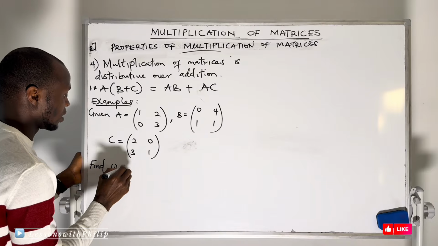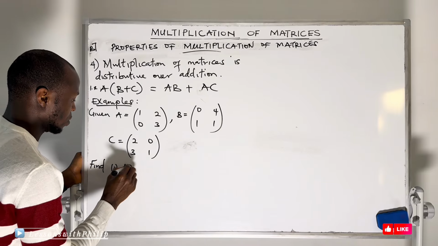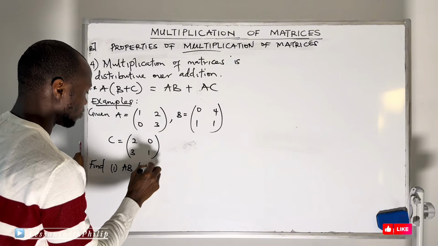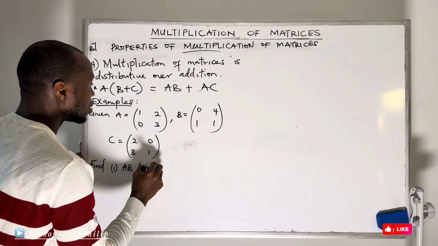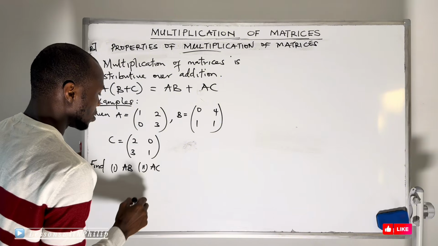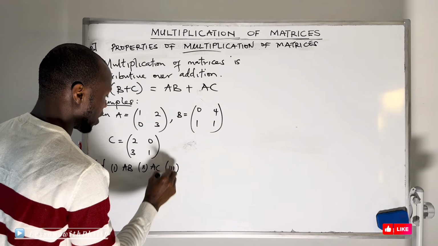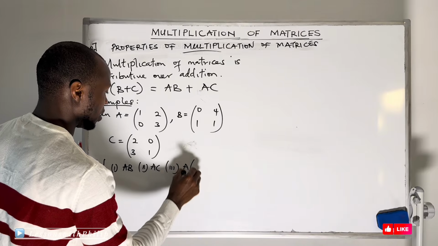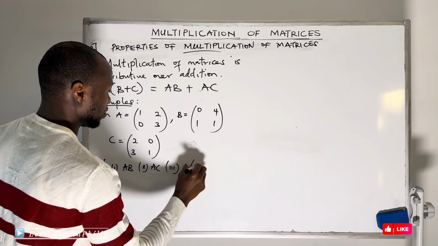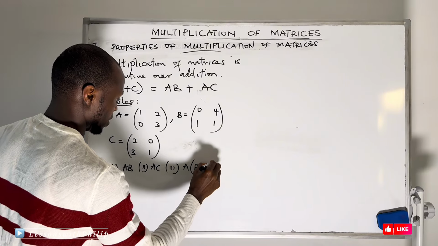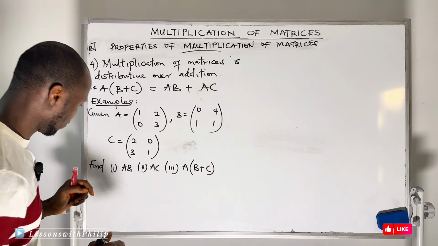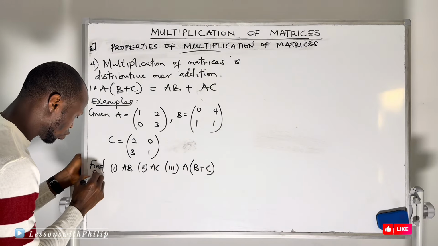If it has to find AB, Roman figure 2, if it has to find AC, Roman figure 3, if it has to find A into bracket B plus C. Let's see what we can do. Okay, let's start solution.